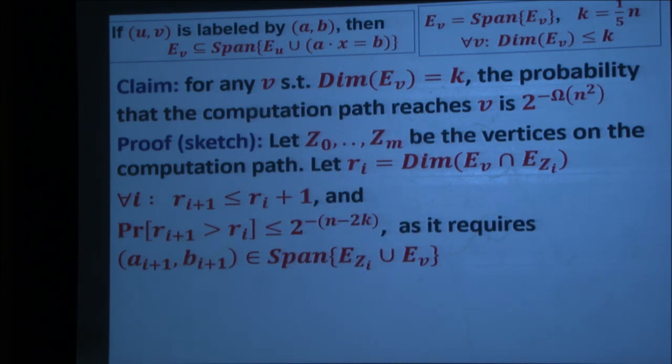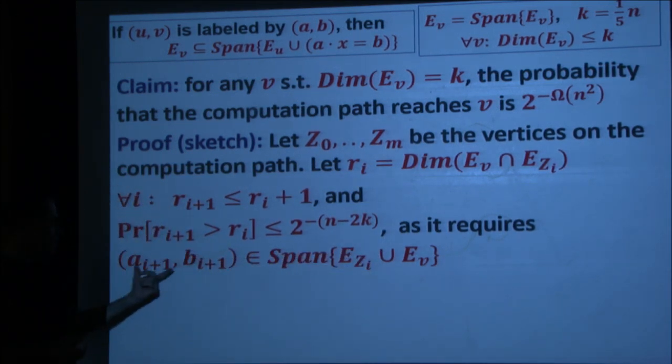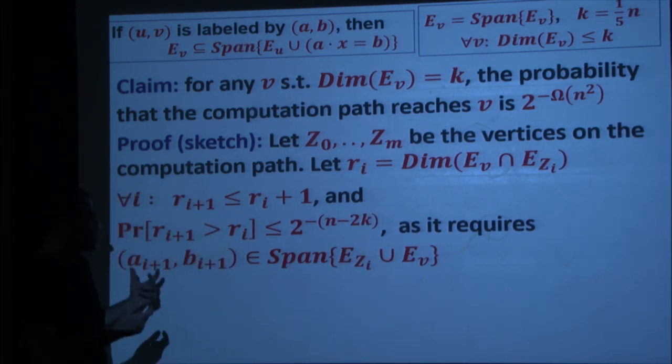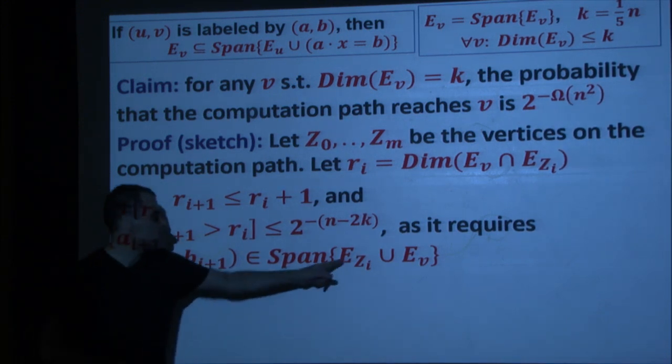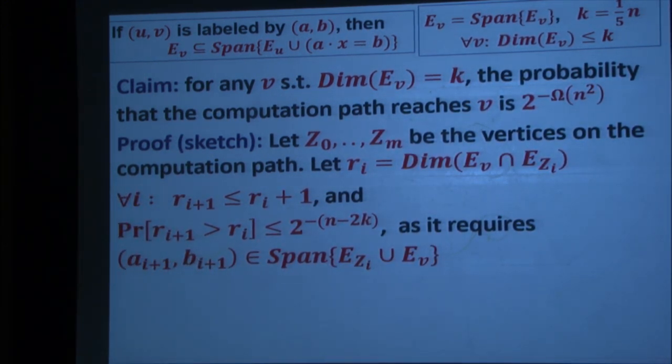So this is the easy case, but all cases are more or less the same. In order for this to increase the intersection, you must be able to somehow write it as a linear combination of something here and something here. So this is more or less the argument.